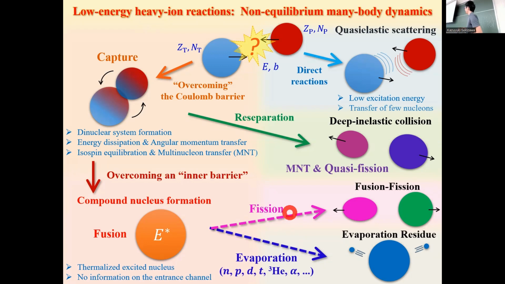One can describe each of them using phenomenological models or reaction theories. But using TDDFT or TDHF, we can describe many of them in a unified way from the microscopic nucleonic degrees of freedom. So this is an overview of low energy heavy ion reactions.